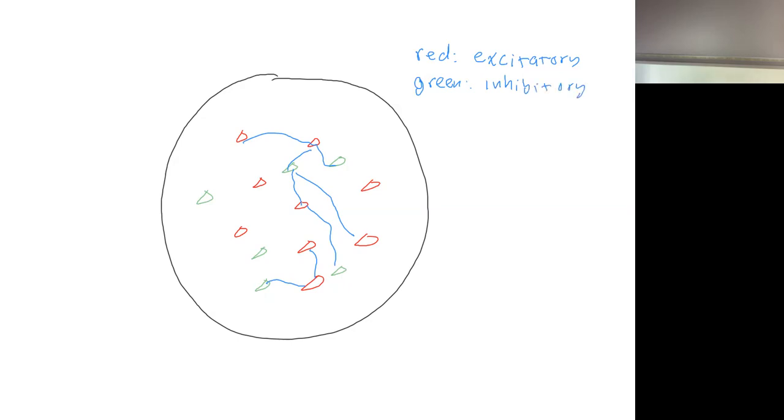And there are lots of neurons. So a typical network, say in cortex, even V1, contains hundreds of millions of neurons. Each neuron makes about 1,000 connections.